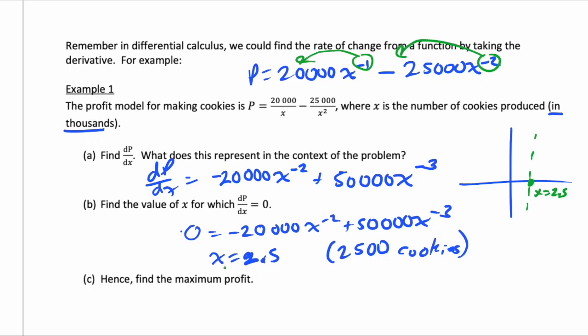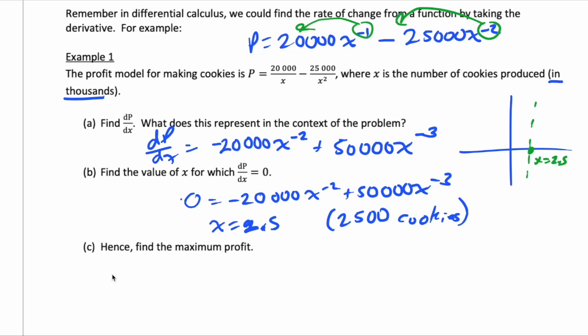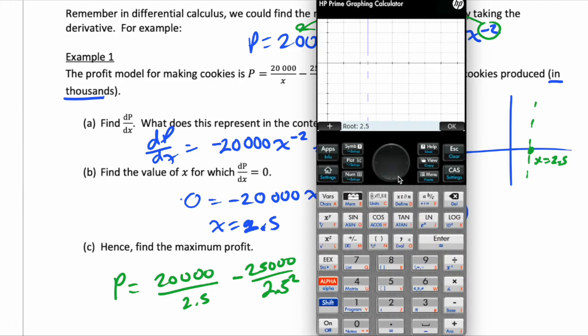Okay, hence find the maximum profit. Well, we can substitute that into the equation for profit. So sub in 2.5. And this is minus 25,000 over 2.5 squared. So let's do that.